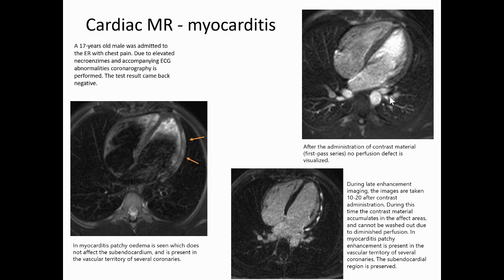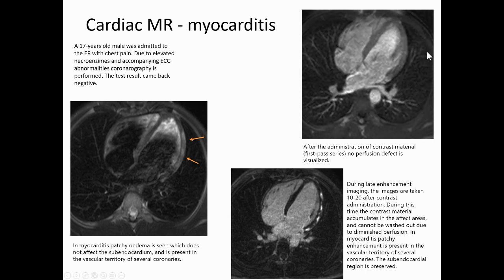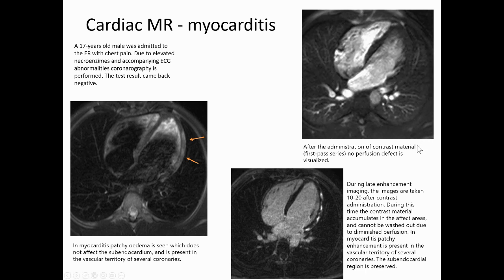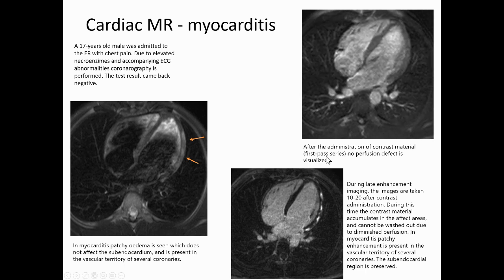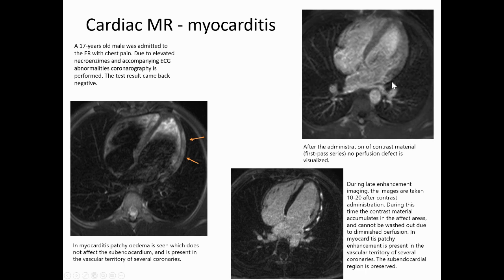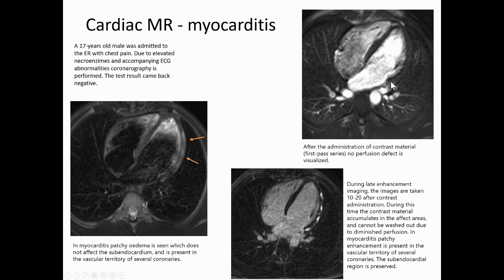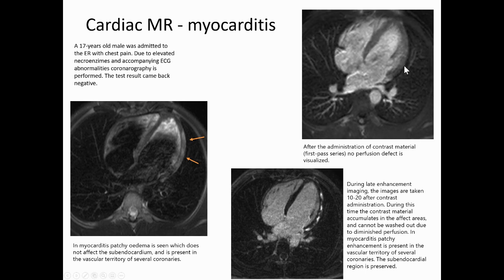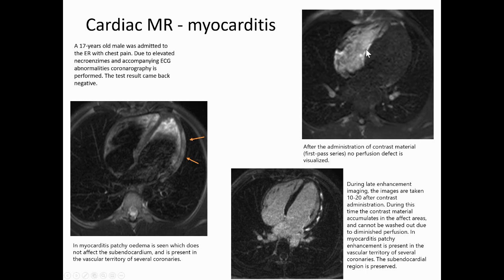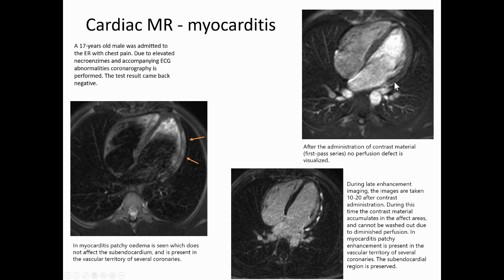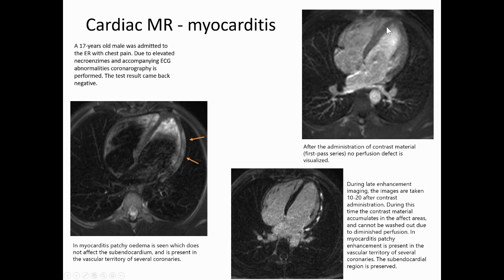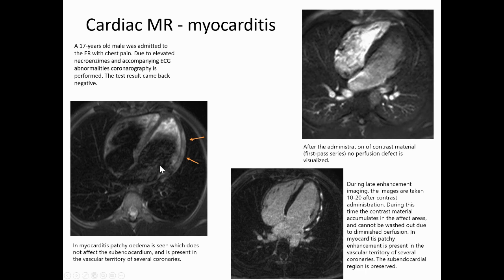We are just interested in knowing how well the myocardium enhances at first pass. So that means a couple of seconds after contrast administration, and you can see that the myocardium enhances quite homogeneously. There are no defects in this myocardium, so this is normal.